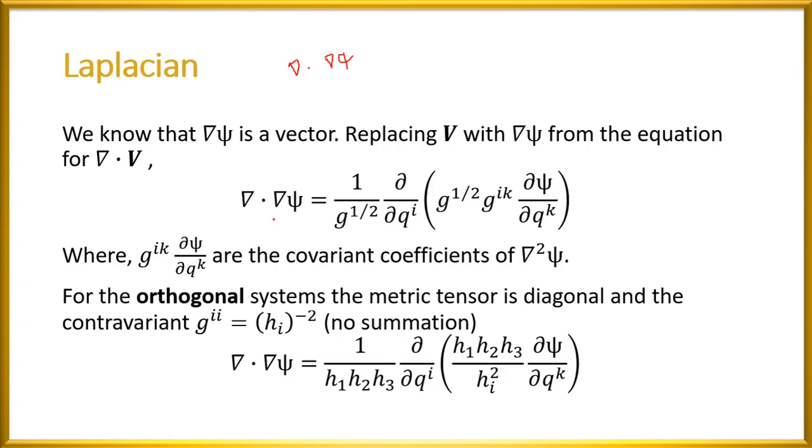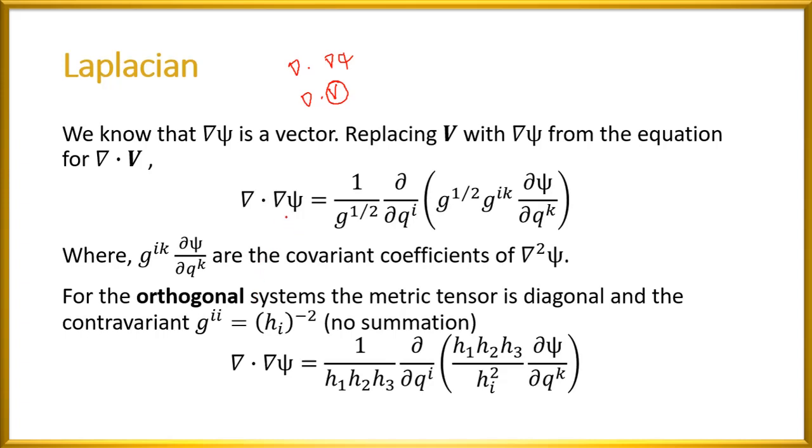We have seen that divergence of something, that is del dot v, can be written using the matrix notation and the Christoffel symbol in this form. Therefore, what we need to do is just to replace this vector v with del psi, that is dou by dou x_i or dou by dou q_i of this symbol. So this is what is being written here.